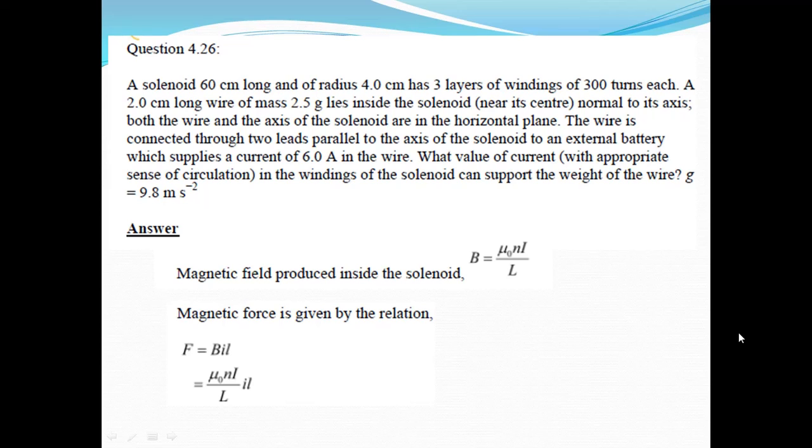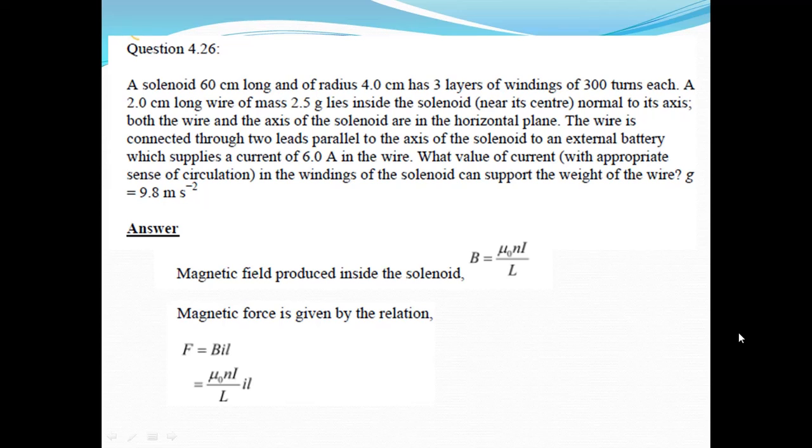The wire is connected through 2 leads parallel to the axis of the solenoid to an external battery which supplies a current of 6 ampere in the wire. What value of current with appropriate sense of circulation in the windings of the solenoid can support the weight of the wire? Given g equal to 9.8 meter per second squared.